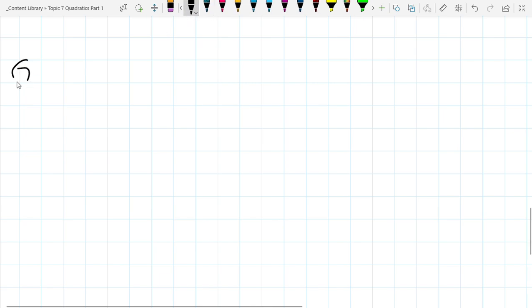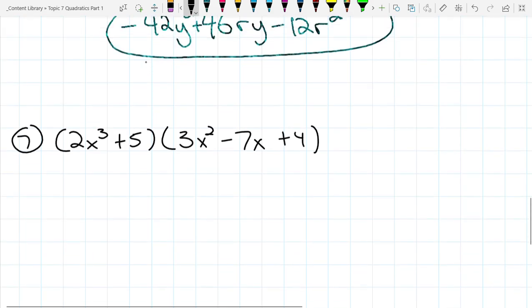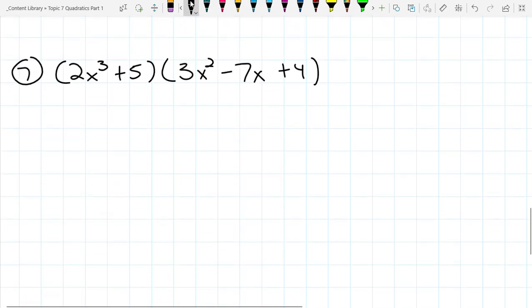Number 7. This time it's multiplication, but instead of the first parentheses having two terms and the second parentheses having two terms, I gave you two terms in the first, but three terms in the second. So again, you could do that distributive property, but since I did the distributive property on the last one, we'll go back to the box method for this one.